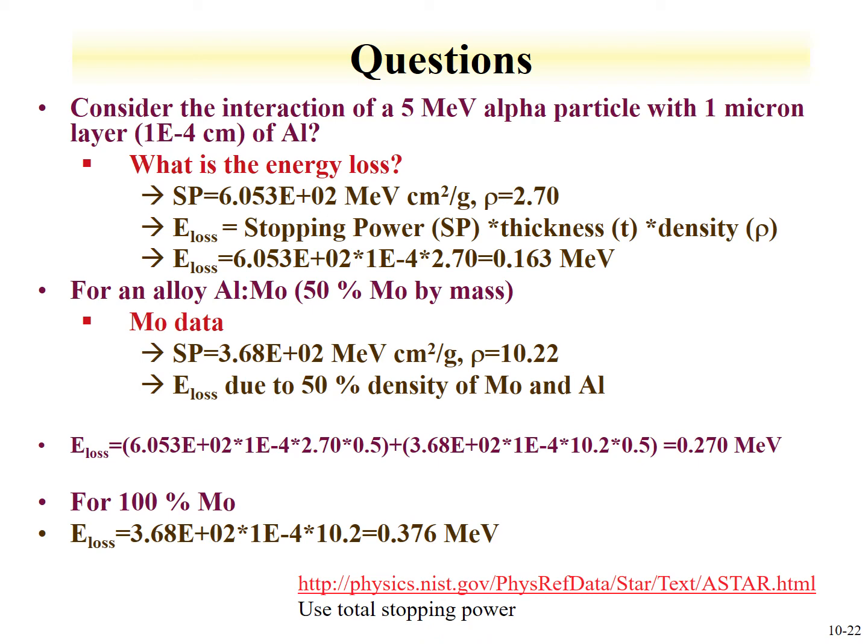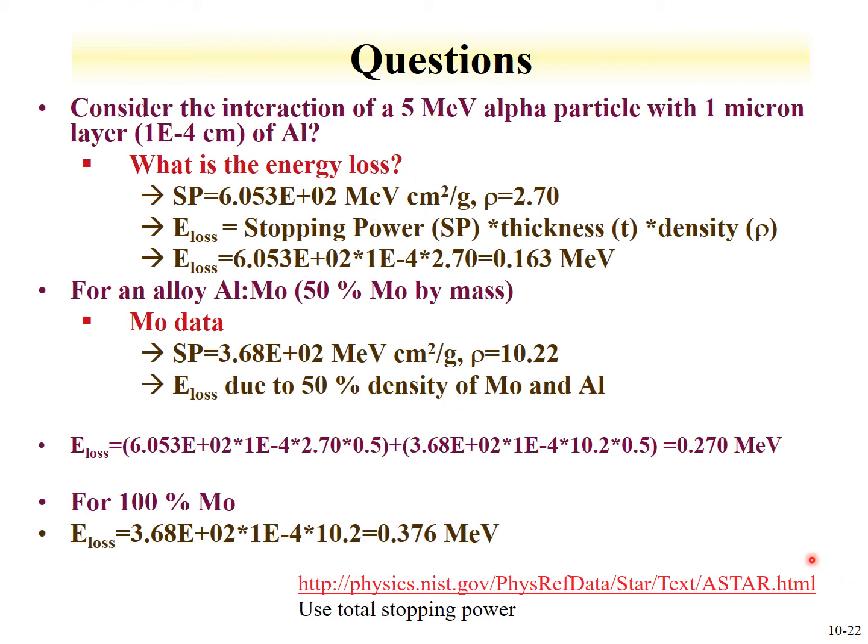Again, for the other systems, the proton and electron also use total stopping power. So, for example, consider the interaction of a 5 MeV alpha particle with a 1 micron layer of aluminum. We want to utilize the equation to determine the energy loss. The energy loss is stopping power times the thickness times the density. And the information available is the stopping power for a 5 MeV alpha in aluminum.